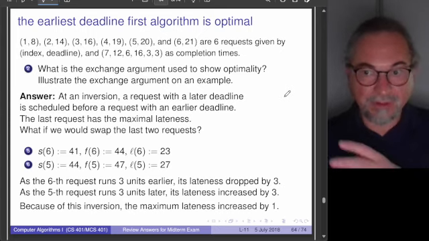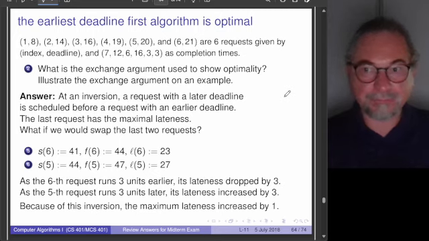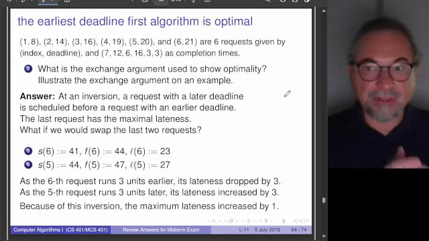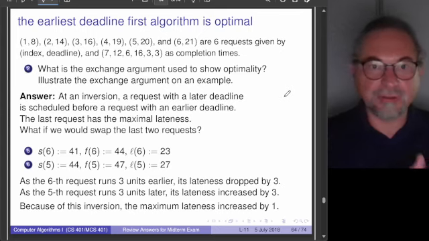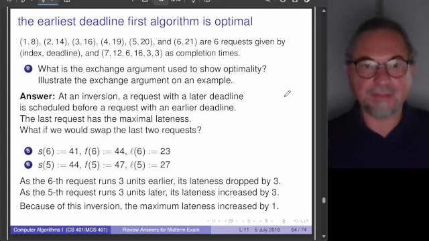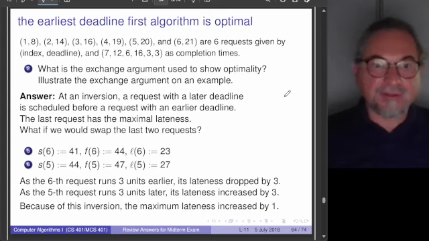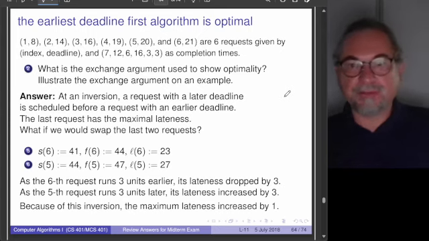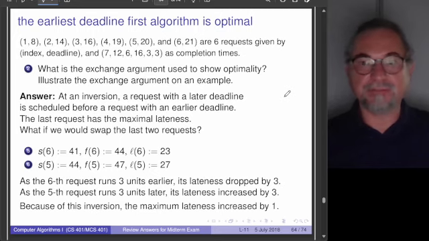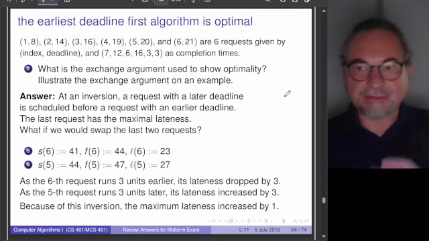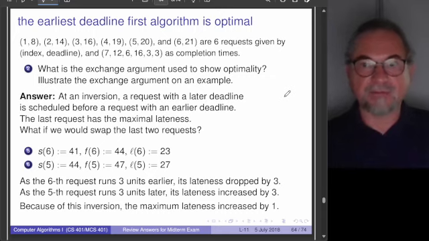But because of the inversion, customer 5, request 5, was now scheduled 3 units later, the lateness of that customer goes from 24 to 27. And 27 is larger than 26. And that's the general property that you have.